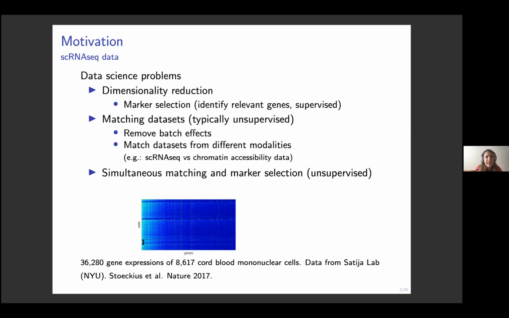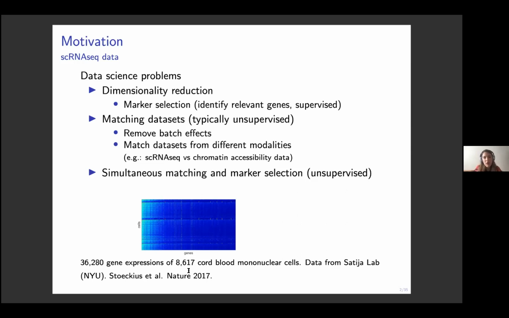And for each of these 8,000 cells, they can compute the genetic expression, meaning how many times each gene is expressed in each cell, of 36,000 genes. So you can think of this as 8,000 points in dimension 36,000.